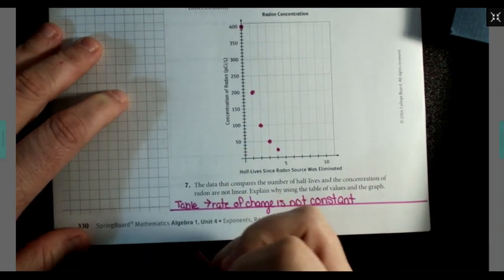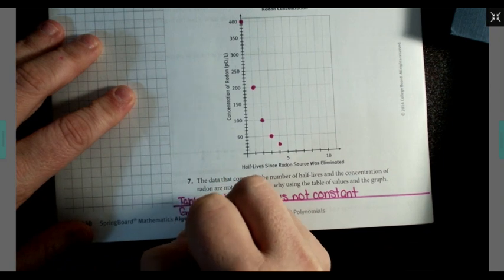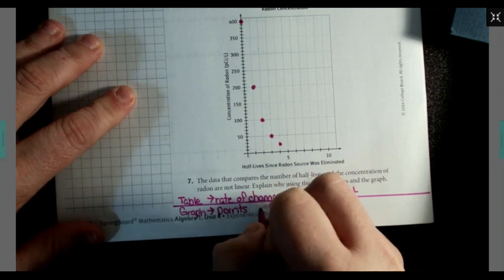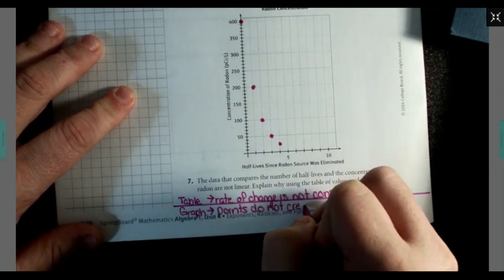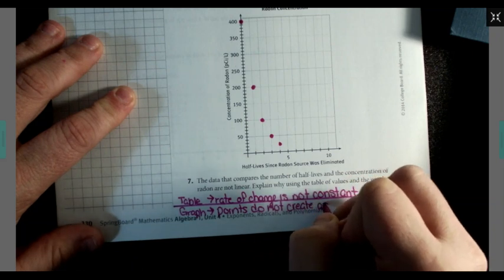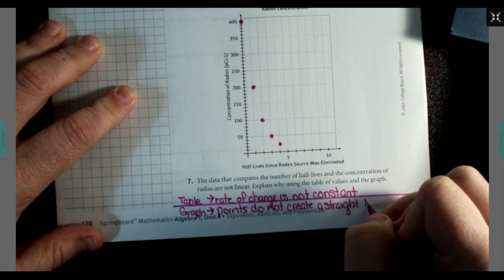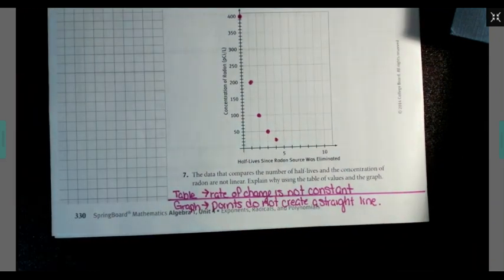Looking at this graph, how do we know? The points do not create a straight line. On to the questions that go along with this section.